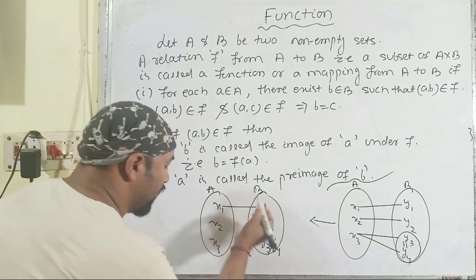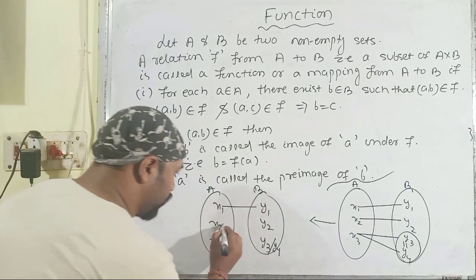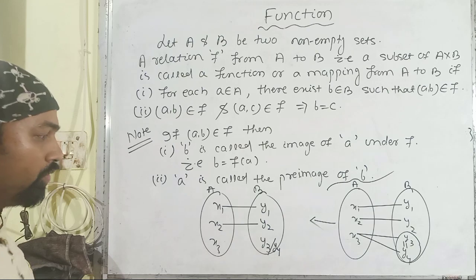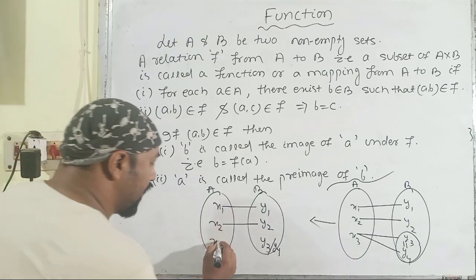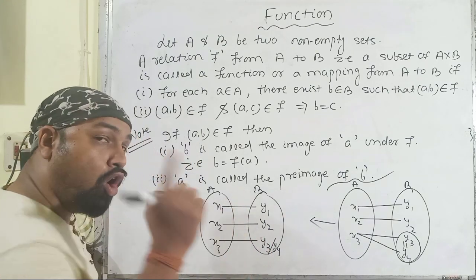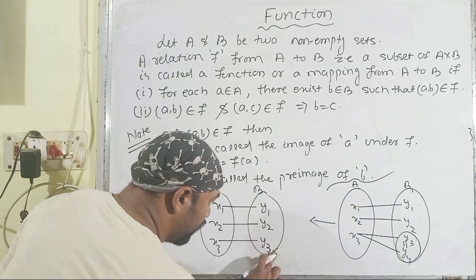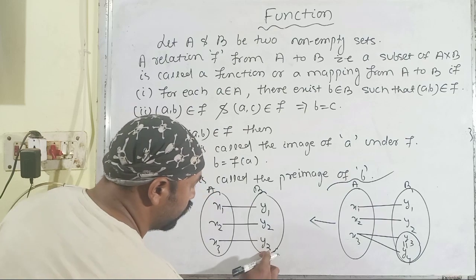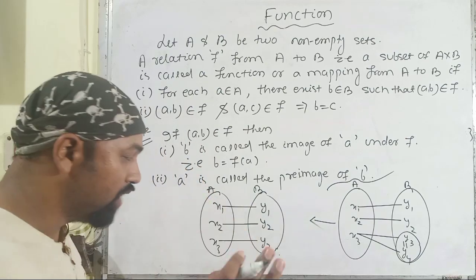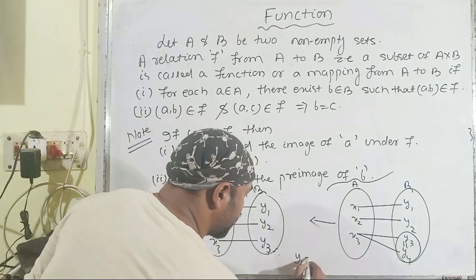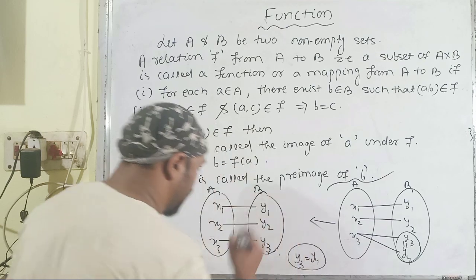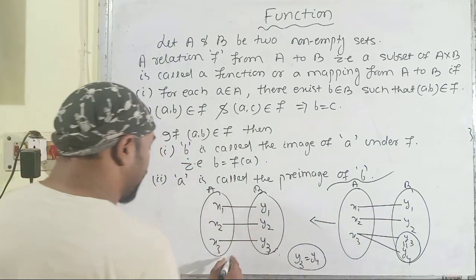So here x1 is making an ordered pair with y1, x2 is making an ordered pair with y2, and x3 is making an ordered pair with y3 or y4. So you can write down one of the two elements y3 or y4, because y3 is equal to y4 here. So this is called a function.